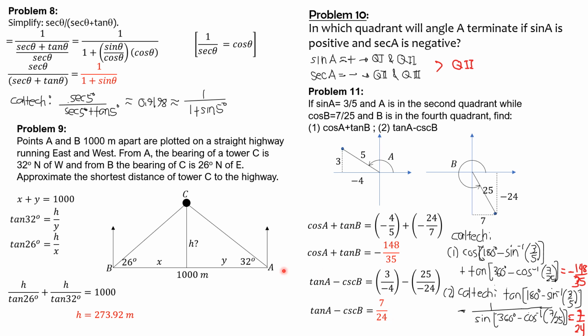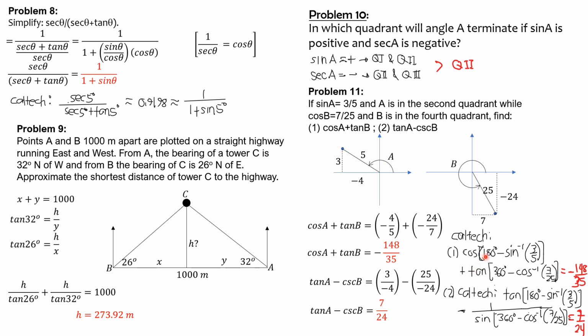For the calculator technique, since A lies in the second quadrant, you should know that it lies in the second quadrant. Do not rely on your calculator right away. You have to anticipate. Do not evaluate inverse sine of 3/5 right away and consider the angle, which is definitely an acute angle, as angle A. It's not angle A. A should be obtuse, or it should lie in the second quadrant.